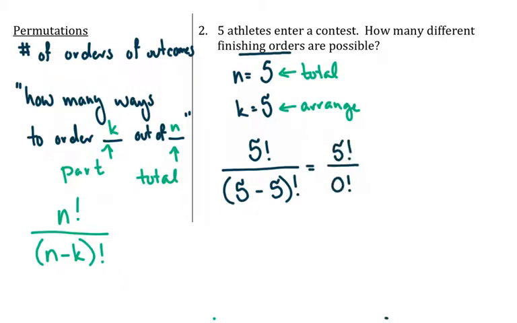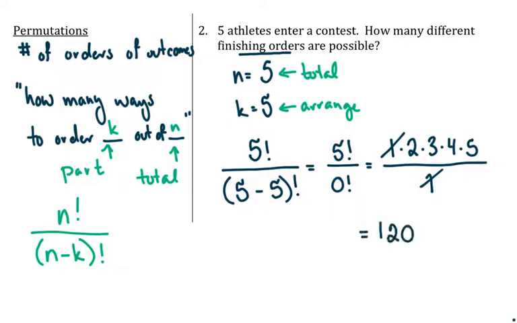If you remember from our factorial definitions, we know that 0 factorial is 1, and then 5 factorial is 1 times 2 times 3 times 4 times 5. And cancels if we want to. 2 times 3 times 4 times 5 is 120. So there are 120 different ways that these 5 athletes could finish their competition.